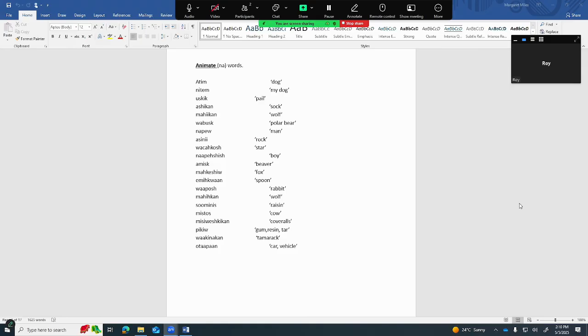Missoiskigan, coveralls. Picu, gum, resin, tar. Waganagan, tamarack.